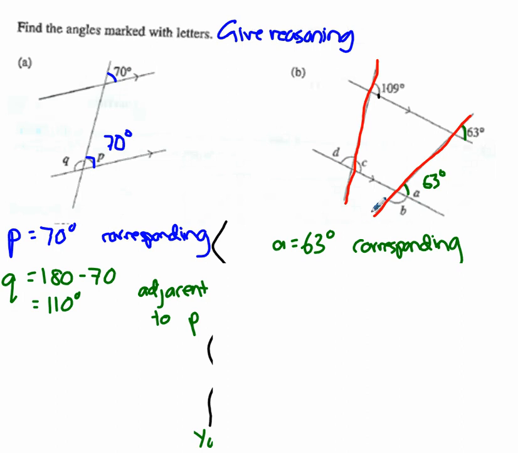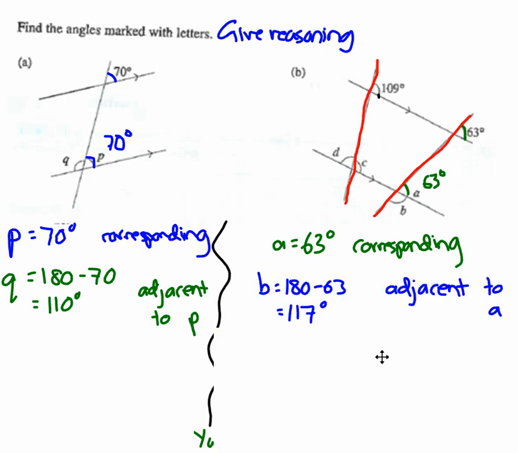The two red lines are transversals and they're not parallel. But A and B are adjacent, so they add up to 180 degrees. So you can work out B is just 180 minus 63, B equals 117 degrees. Make sure you give reasoning: corresponding for A, adjacent to A is the reason for B.